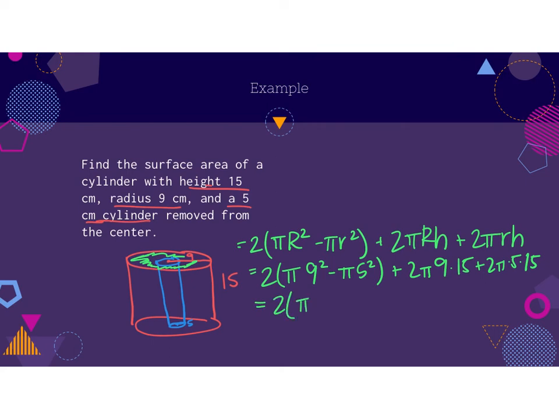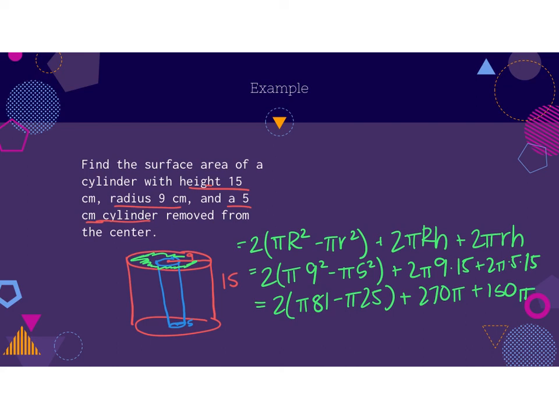So 2 pi, 9 squared is 81, minus pi, 5 squared is 25, plus 9 times 15 is 135, times 2 is 270 pi, plus 5 times 15 is 75, times 2 is 150 pi.